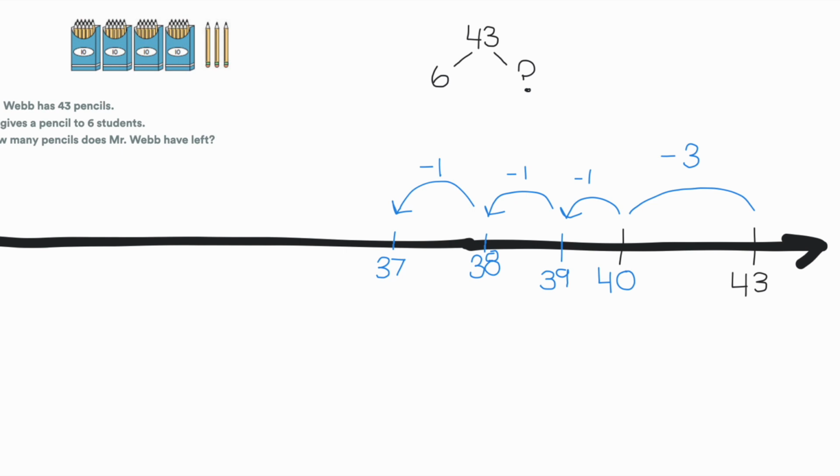Okay, so I'm pretty sure 37 is how many pencils Mr. Webb has left. Let me double check. If I do 37 plus 6, do I get 43? Let's see. 37.